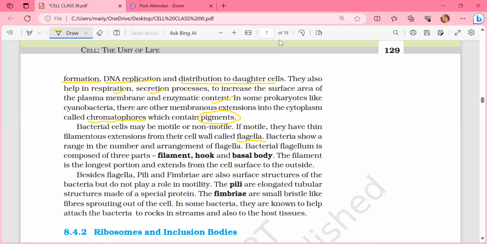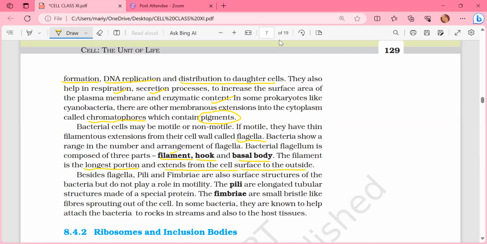A bacterial flagellum is composed of three parts: filament, hook, and basal body. The filament is the longest portion and extends from the cell surface to the outside.